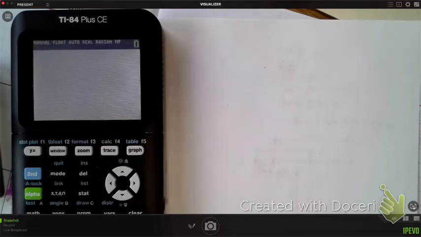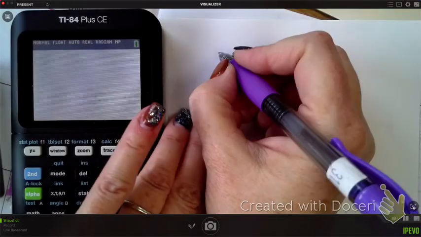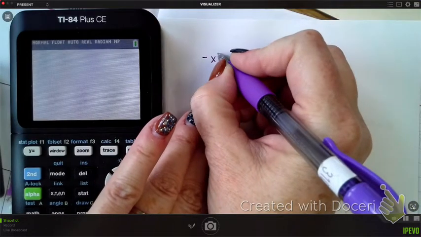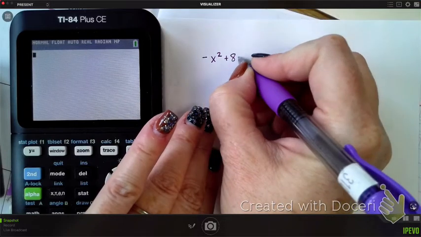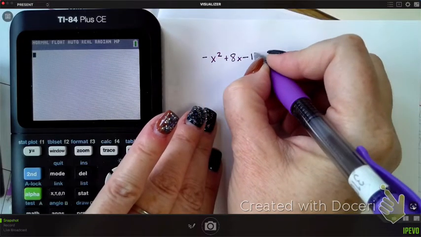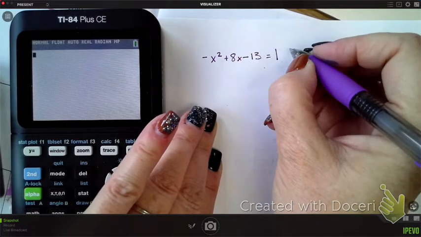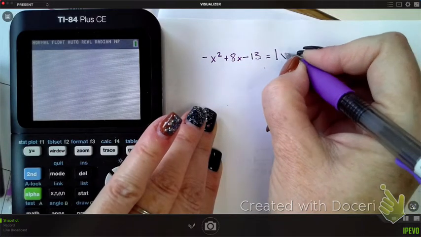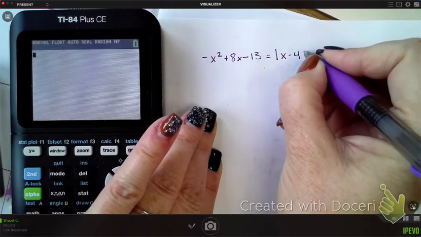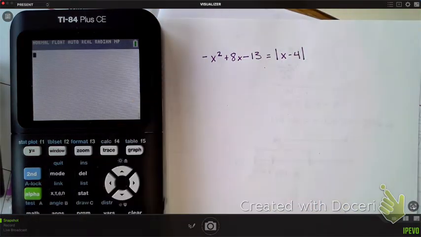So let's see. I want to know where negative x squared plus 8x minus 13 is equal to the absolute value of x minus 4. Okay? So I want to know where those are equal.